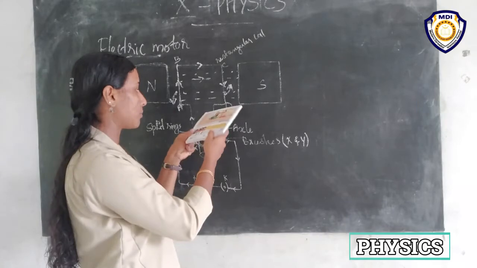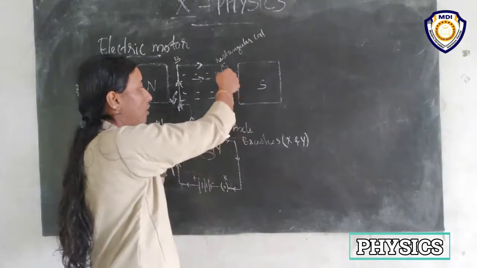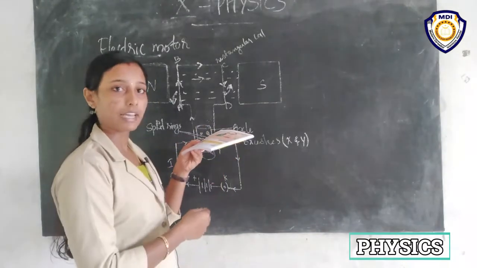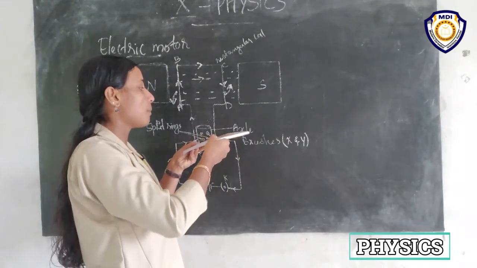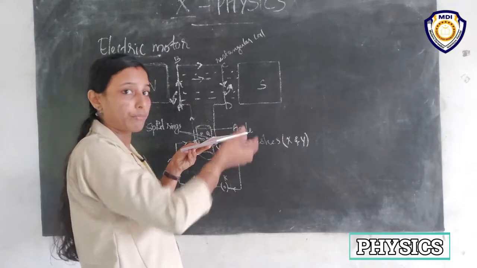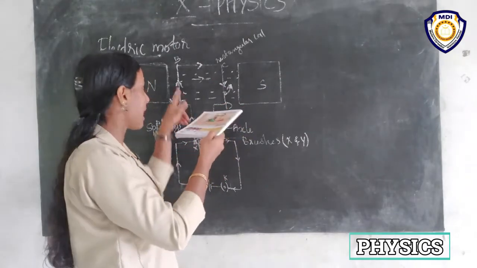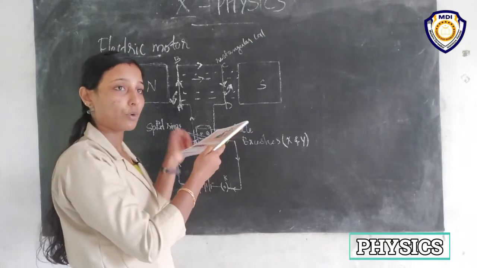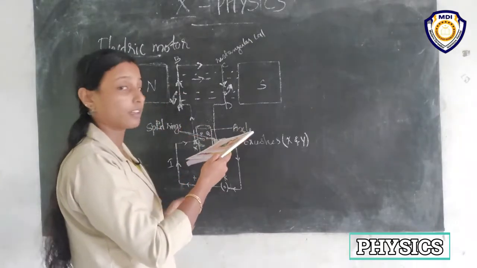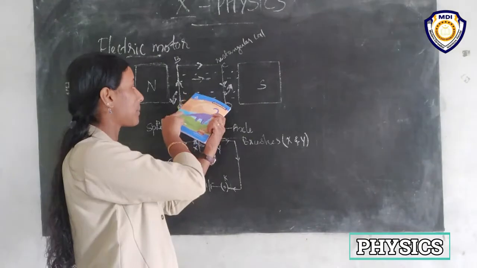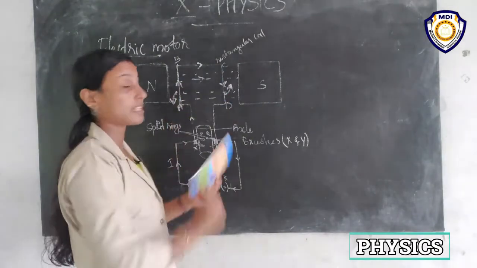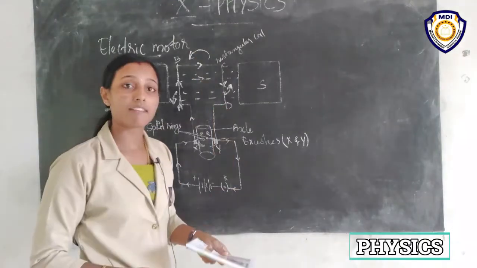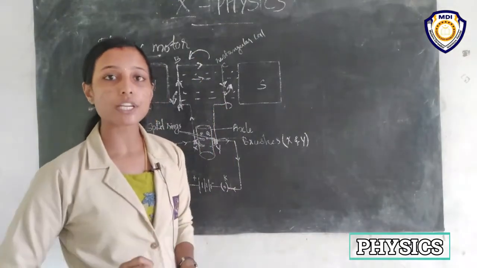And here an upward force is acting on this side CD, so this will move like this, an upward motion, and here a downward motion. So what will be the resultant motion? That means the armature coil moves like this. It will rotate anti-clockwise. It will have an anti-clockwise rotation.